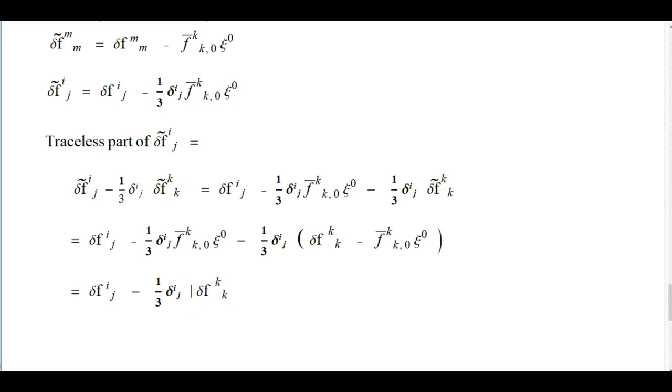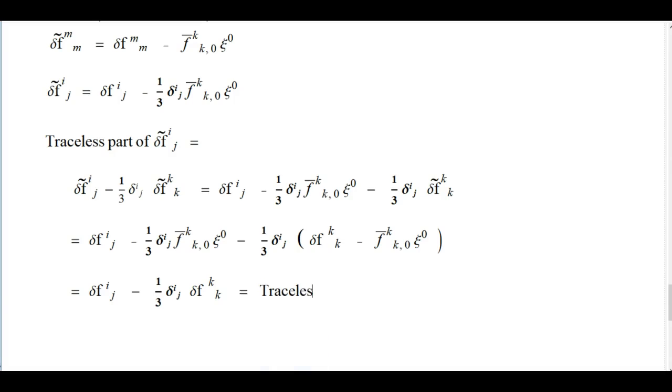Now this is what we are left with. And what is this? This is a tensor minus its traceless part. No, sorry, tensor minus its trace part. So it is delta Fij minus the trace of delta Fij.